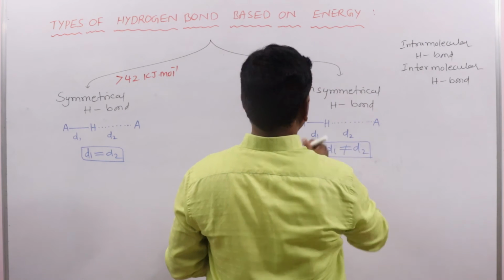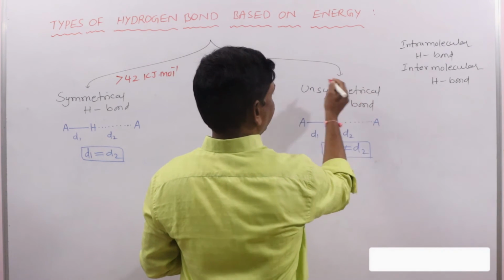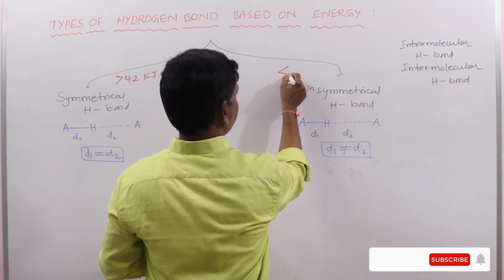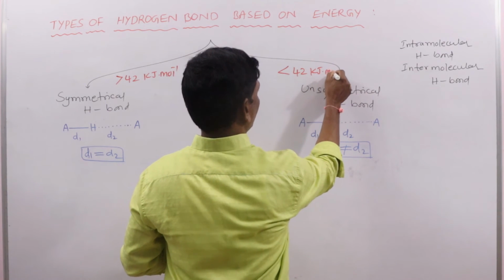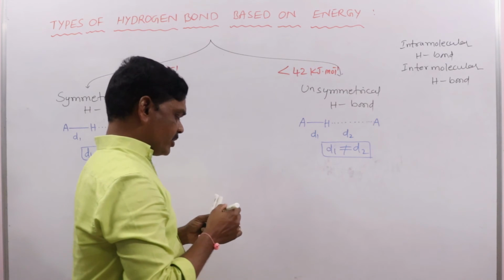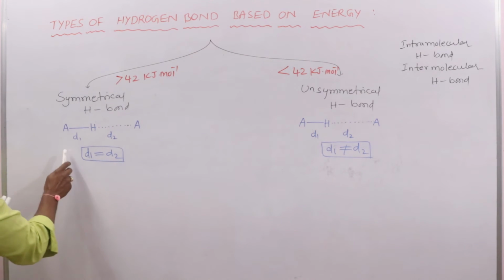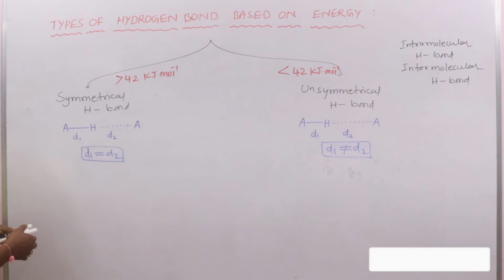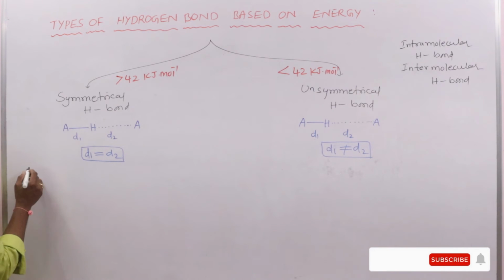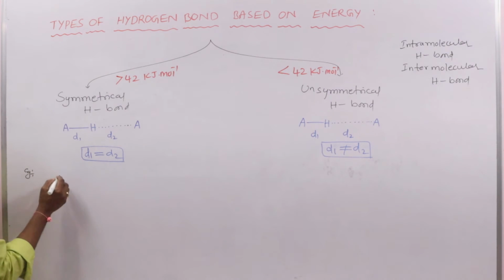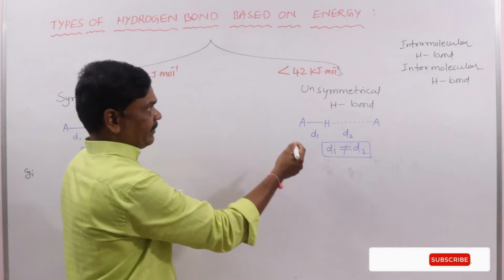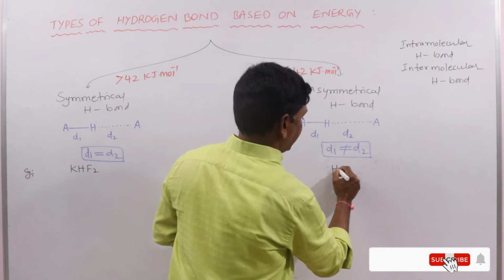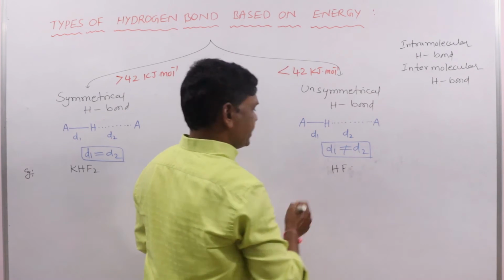In the case of an unsymmetrical hydrogen bond, it is less than 42 kilojoules per mole. For the symmetrical hydrogen bond, the particular example I am taking is KHF2, and for the unsymmetrical hydrogen bond, the example is hydrogen fluoride.